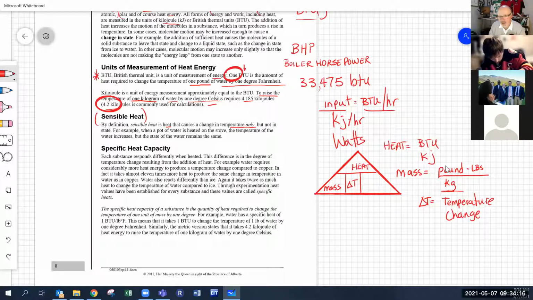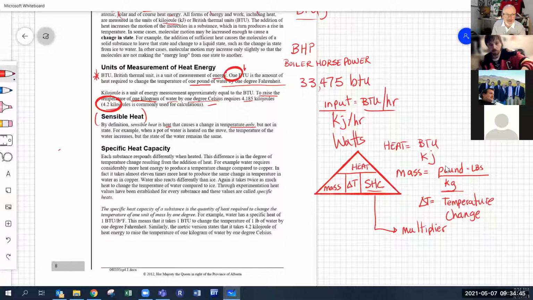And our third variable for this formula is called specific heat capacity. This specific heat capacity here is our multiplier. So these are given numbers. This specific heat capacity is a given number for whatever substance we're using.